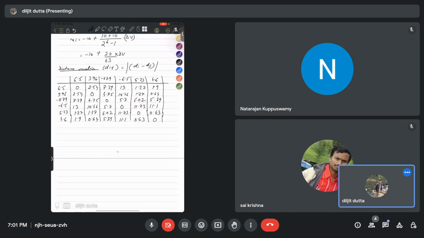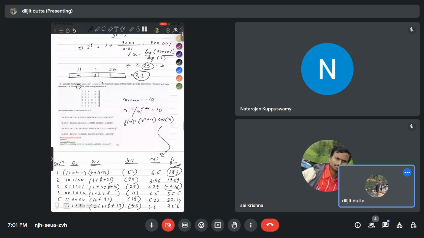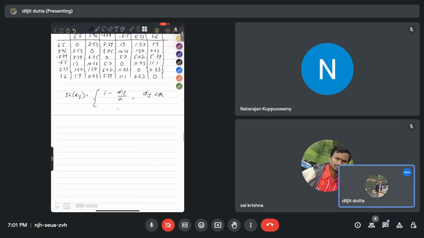Now we have to find the sharing function, equal to 1 minus dij by sigma if dij is less than sigma. Now what is the sigma value given here? They have given sigma equal to 5. This is user defined. And 0 if dij is greater than sigma, which is 5.